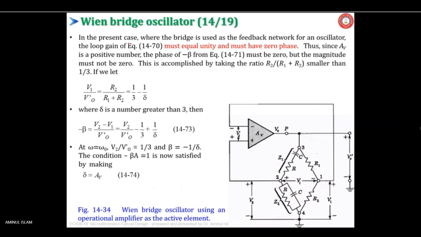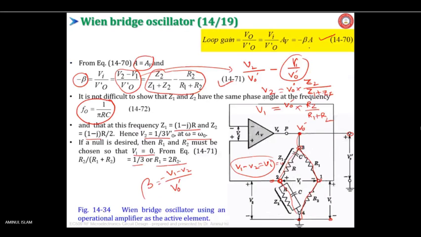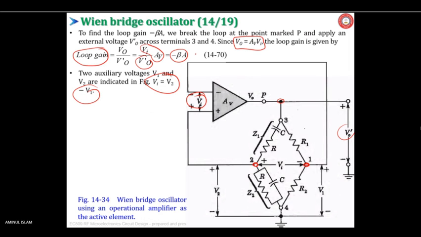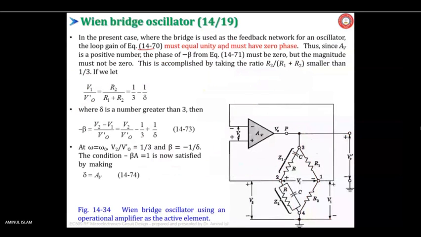Now, in the present case, where the bridge is used as the feedback network for an oscillator, the loop gain of this equation, that is what? Minus beta A, which we have seen here also. The loop gain must equal unity and must have zero phase.